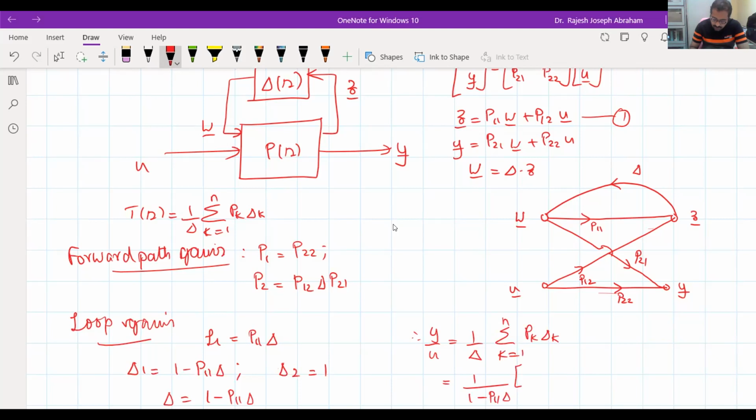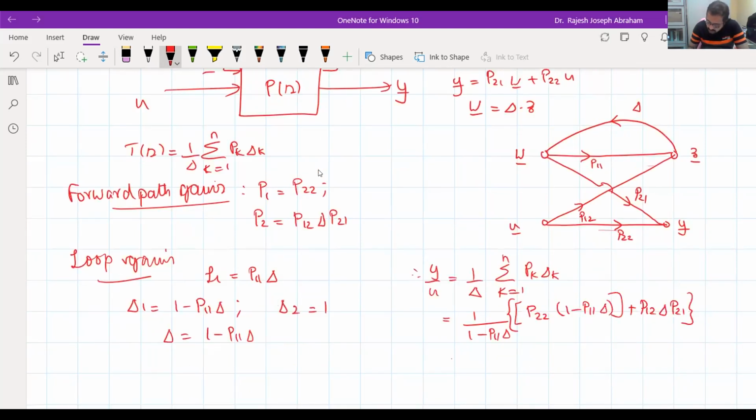P1 into delta 1 means P22 into 1 minus P11 delta, plus P2 delta 2, where P2 is P12 delta P21.